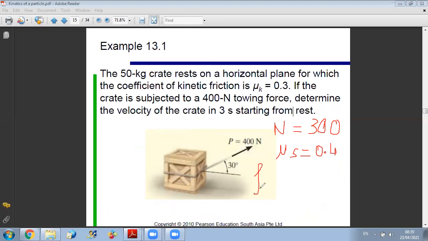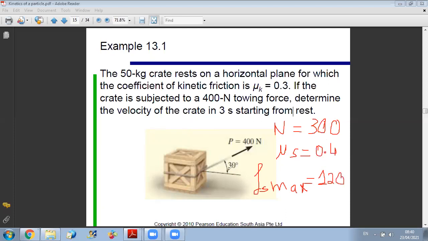So F static maximum is, if I multiply 300 by 0.4, I will get 120. Okay.